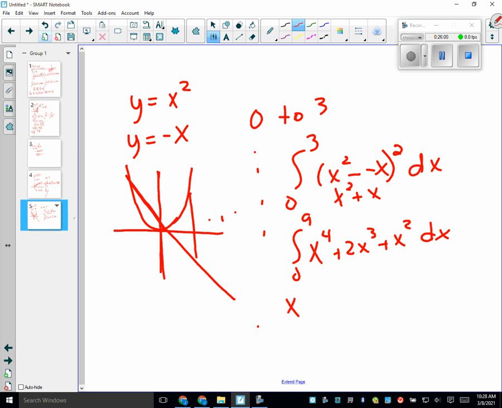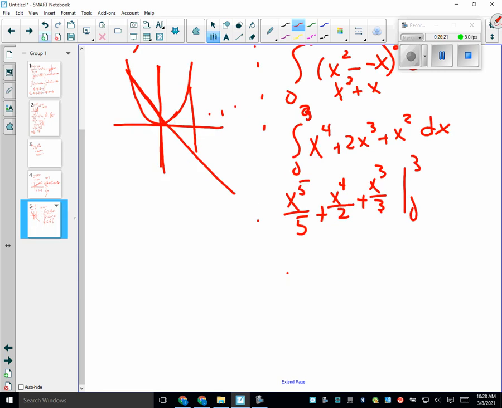So isn't it x to the fifth over 5 plus 2x to the fourth over 4 plus x cubed over 3 from 0 to 3? We changed this, didn't we?